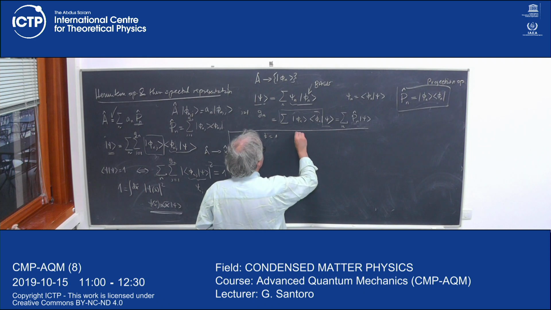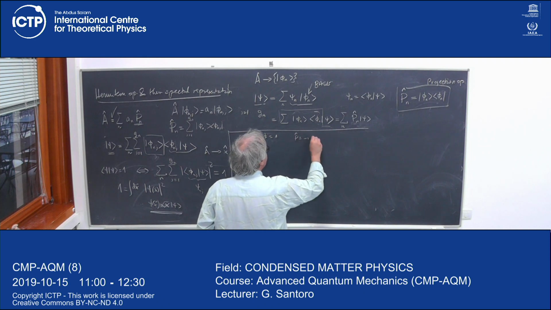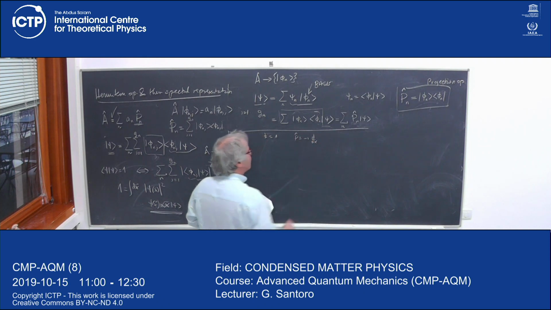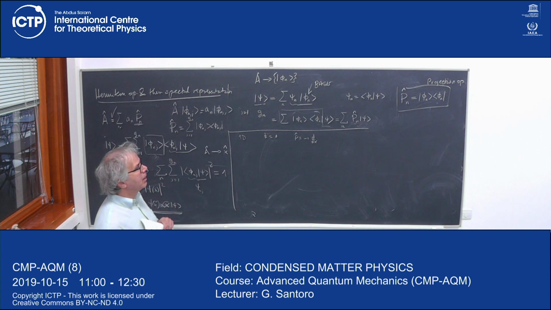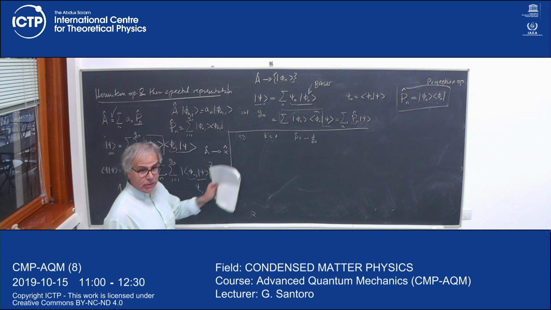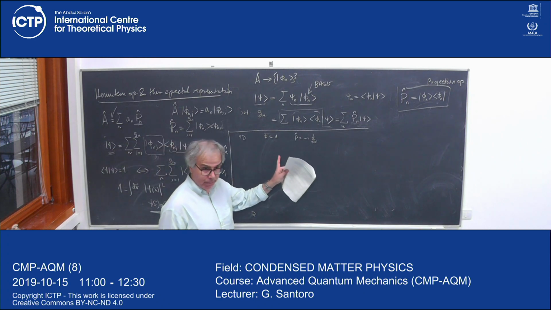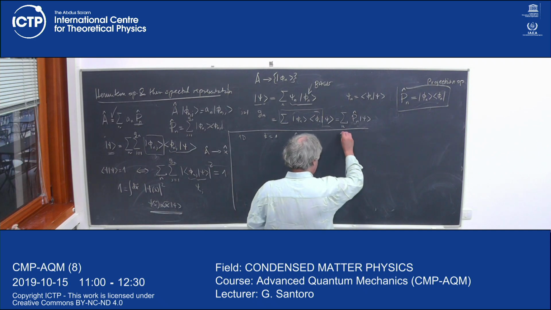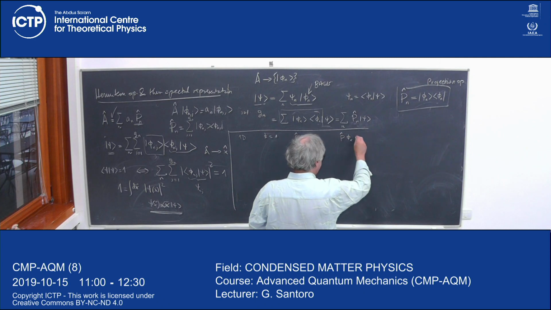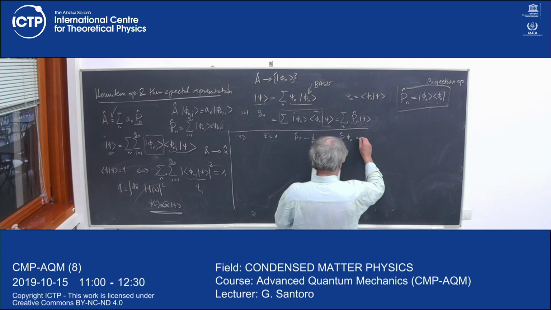So the momentum operator is minus i times the derivative. Now, let's look for eigenstates of this. You know, it's a Hermitian operator, right? We'll see more about this. Let's look for the eigenvalues. Phi k, okay?